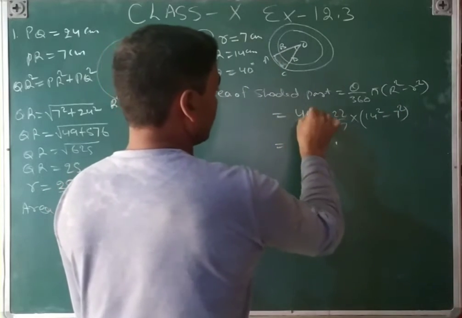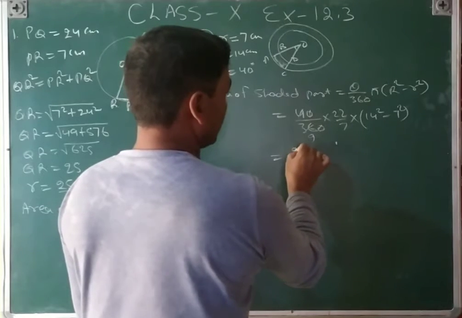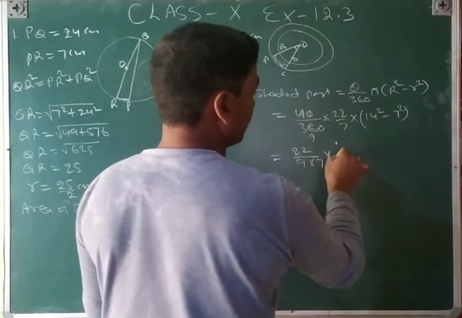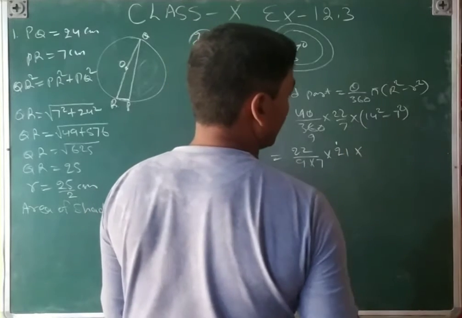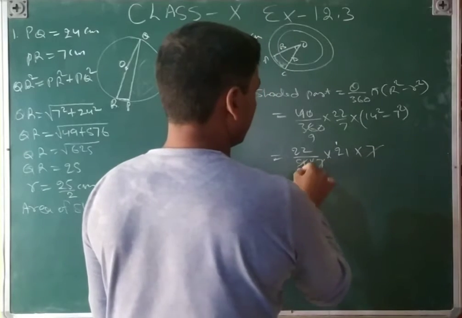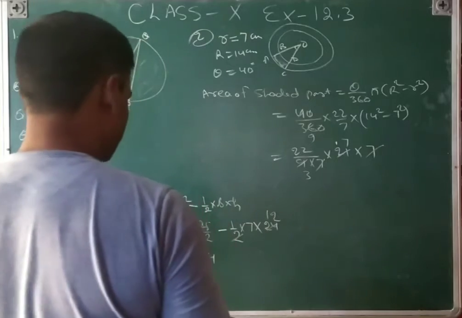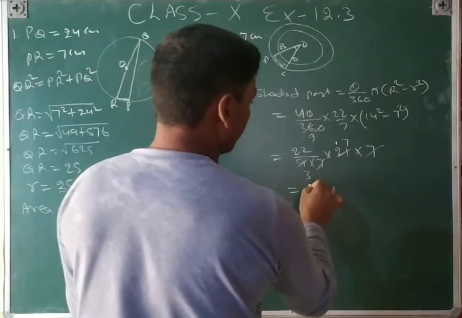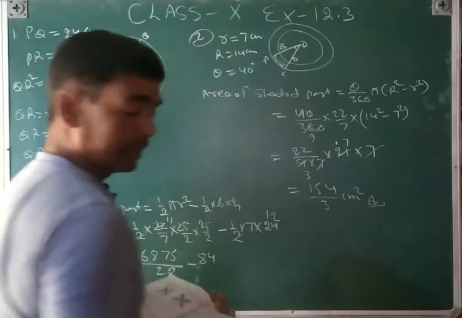So 14 square is 196 minus 49, and then 22 upon 9 multiply 7 into 4, 7 21 multiply 14 less 7, that will be 7. 7 cancel by 7, 3 3 ja 3 7 ja. Now the multiply of both, that will be 7 2 ja 14, 1 15 upon 3 centimeter square. That will be answer.